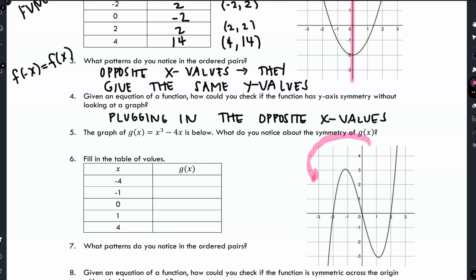Does it look the same? If you rotate your piece of paper, does the graph look identical? Okay, it does. If you rotate 180 degrees, the graph would be the same.